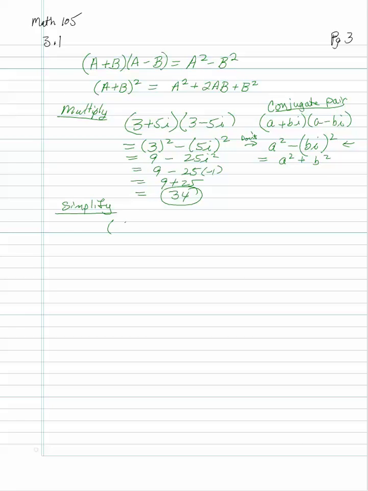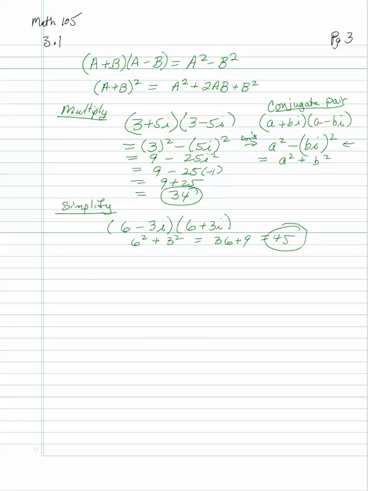So if I had 6 minus 3i times the conjugate, 6 plus 3i, I'm going to get 6 squared plus 3 squared, 36 plus 9, which is 45. So it makes it real easy.